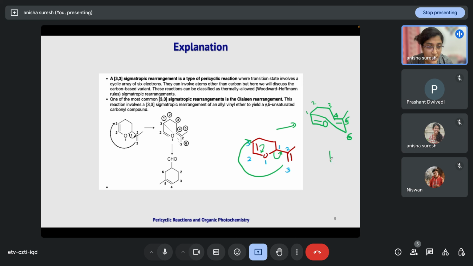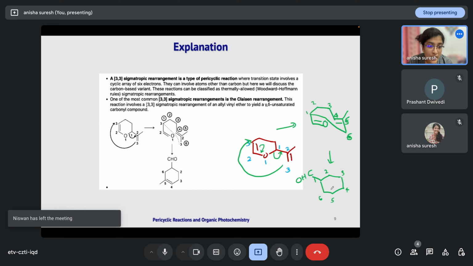If we redraw it and give the numbering accordingly, 1, 2, 3, 4, 5, 6. In the one carbon, there is an aldehyde, CHO, and in between 4 and 5, there is a double bond, and in 5 carbon, there is one methyl group. So this will be the final product that is forming.